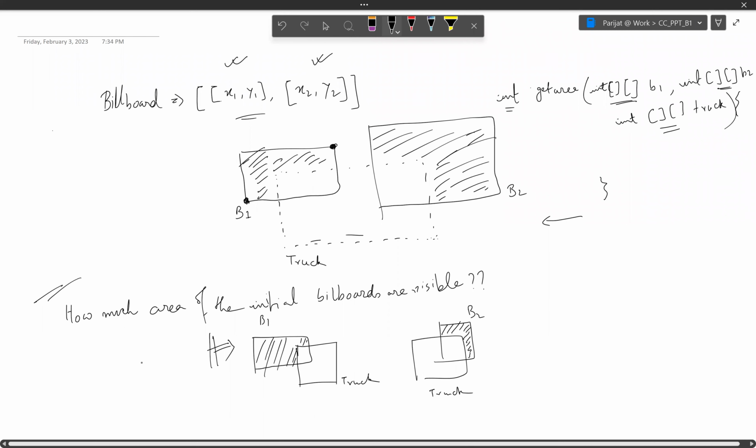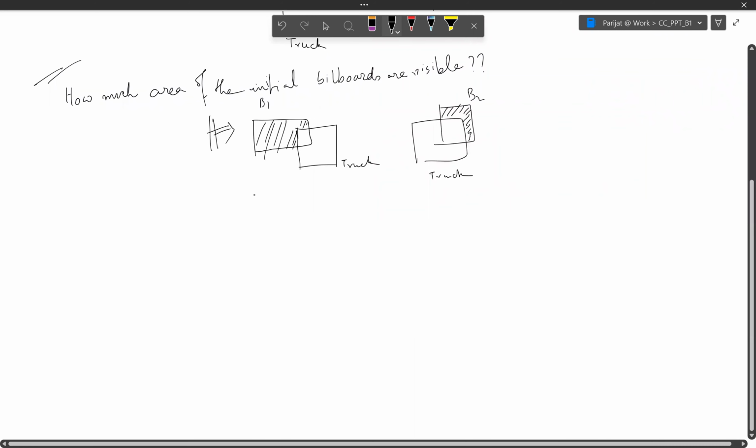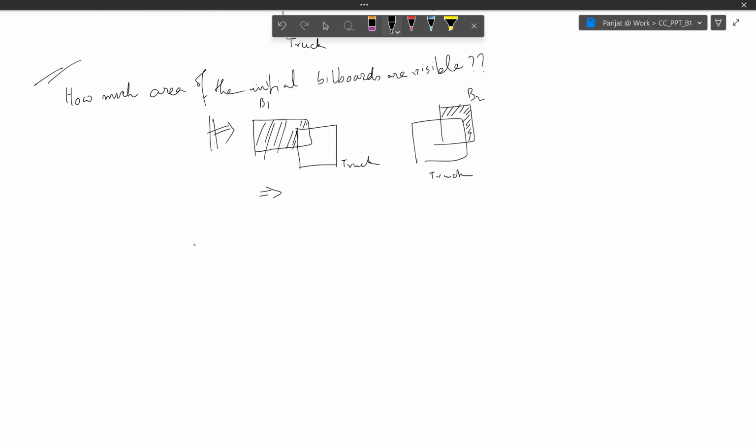There can be multiple ways in which they might be intersecting, right? You can have an intersection like this, you can have an intersection like this. So the truck might be upper, the billboard might be here, or the billboard might be here and the truck might be here.